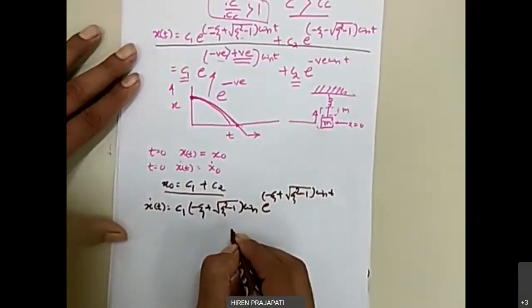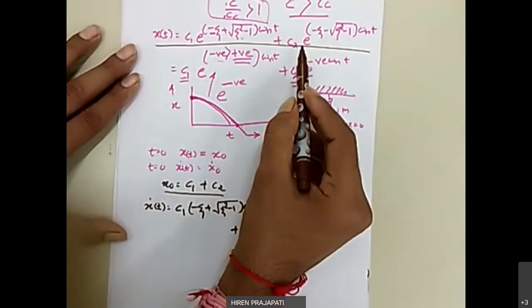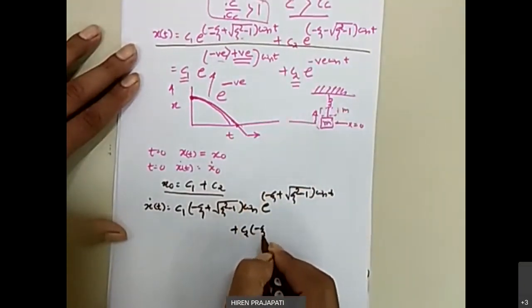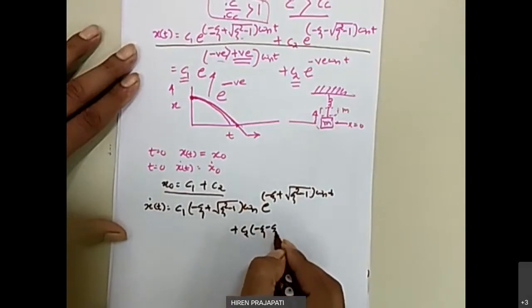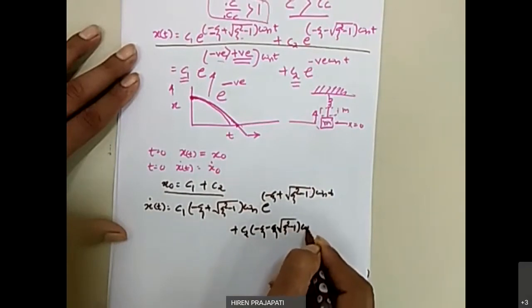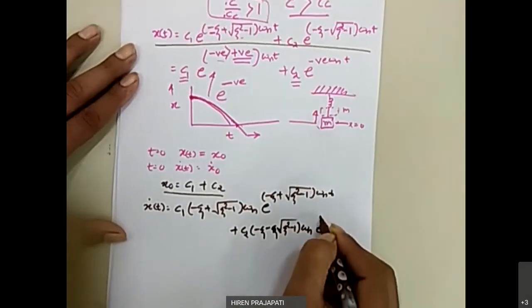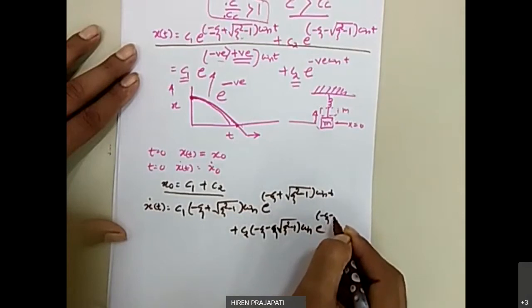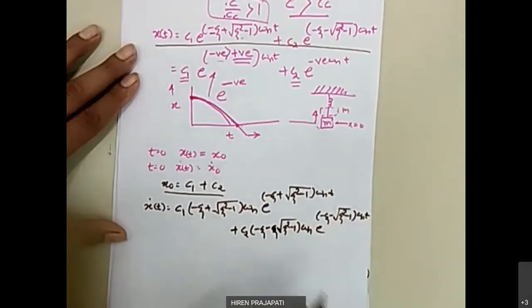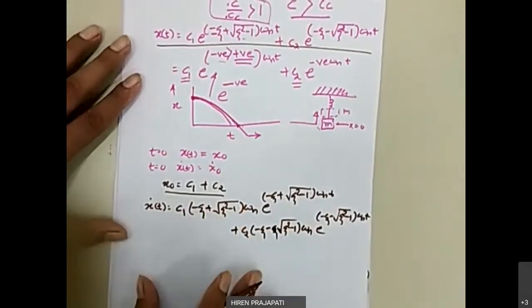Plus, again, the differentiation of the second term: same c2, times minus zeta, but this time instead of plus we have minus, minus square root of zeta square minus 1, omega n, and e to the power minus zeta minus square root of zeta square minus 1 omega n, right? So this is what we can say is our velocity equation.